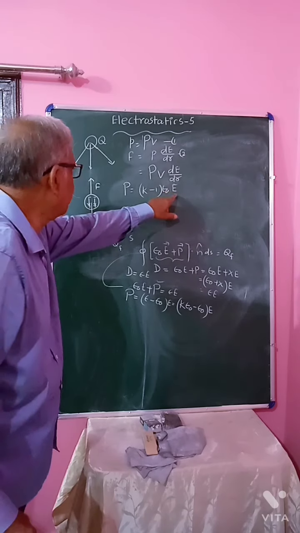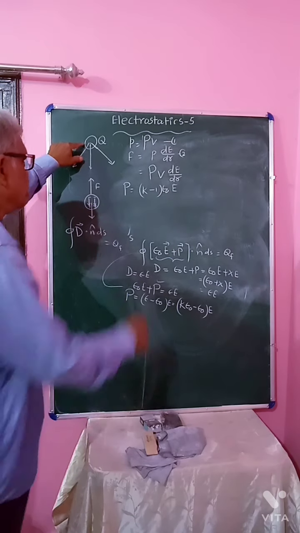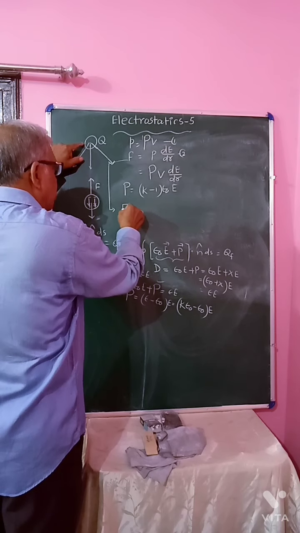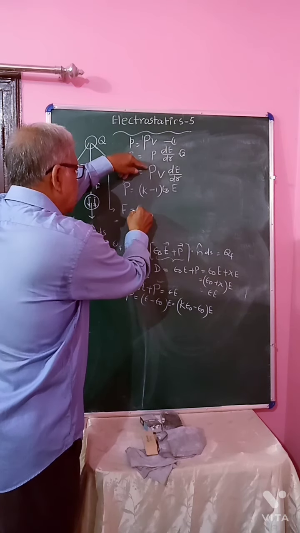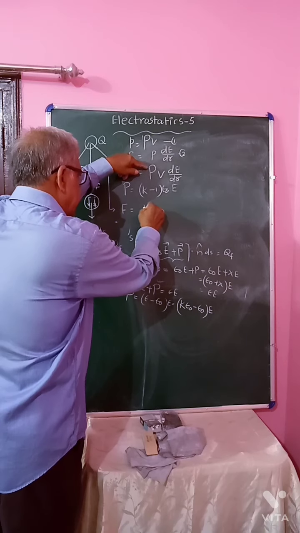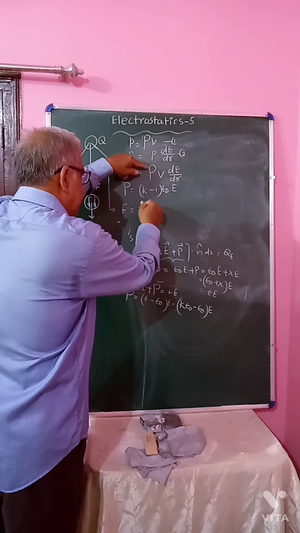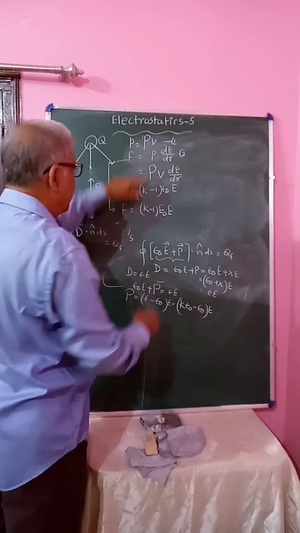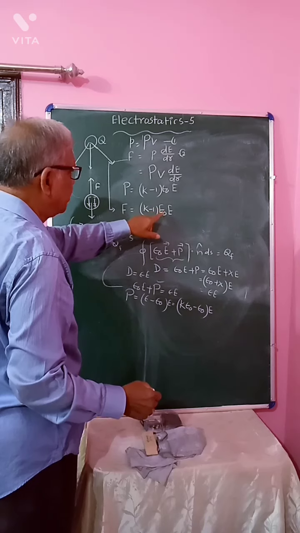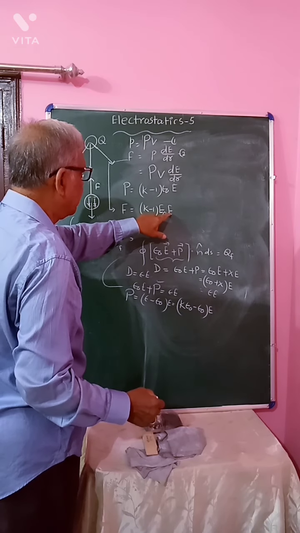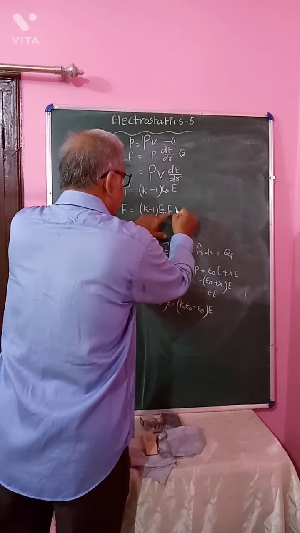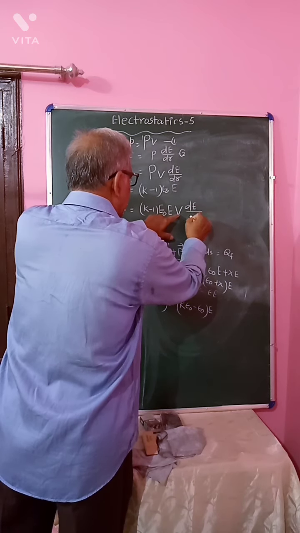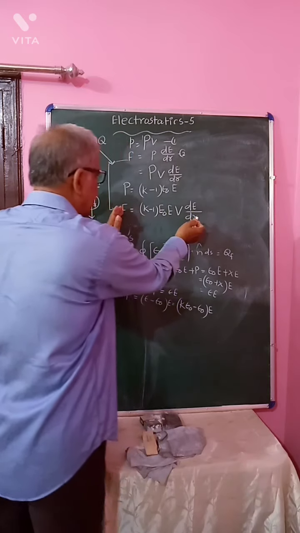This is the electric field produced by this charge. So I can write that this force is equal to, in place of polarization, (K minus 1) epsilon 0 into the intensity of electric field, (K minus 1) epsilon 0 E, into the volume of the water droplet, into dE by dr. So this is our working formula.